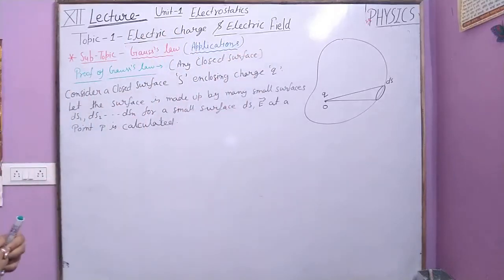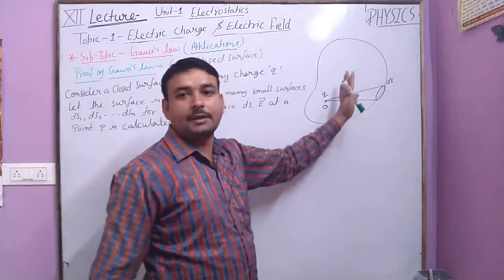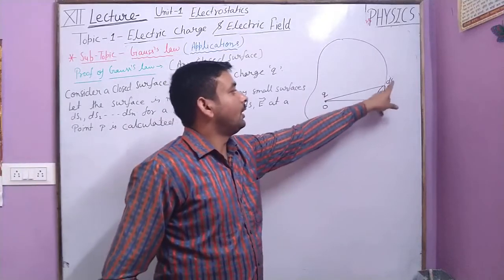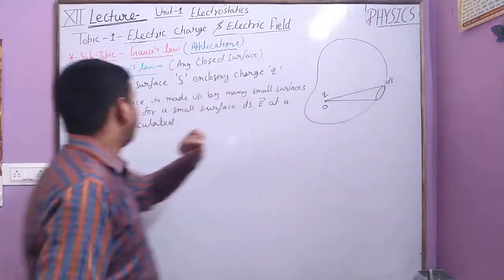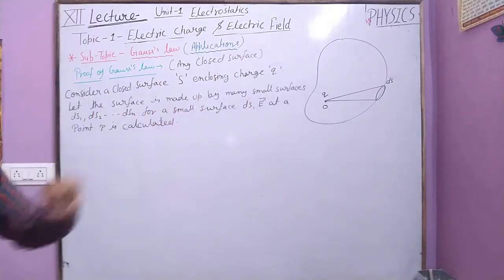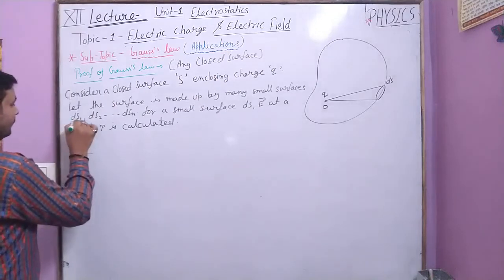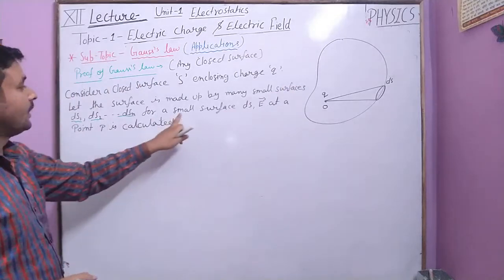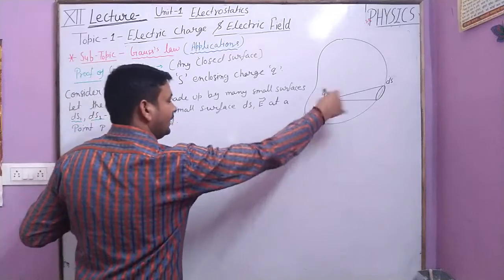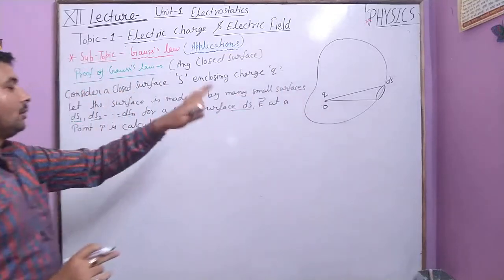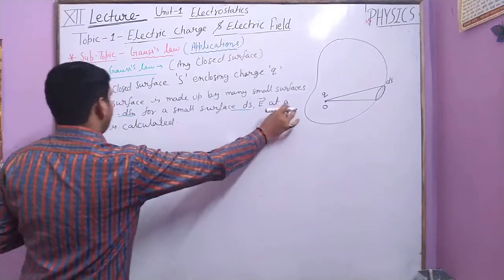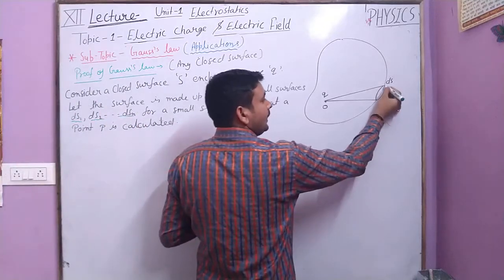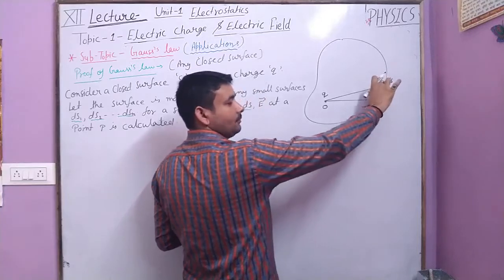We consider a surface like that, and the surface is made up of small surfaces like ds1, ds2, ds3 up to dsn. For a small surface ds on this surface, the electric field at point P is calculated. Let's say it is a 3D situation.